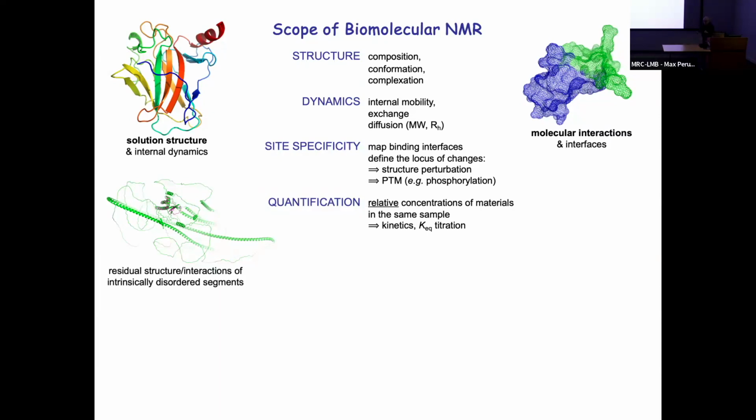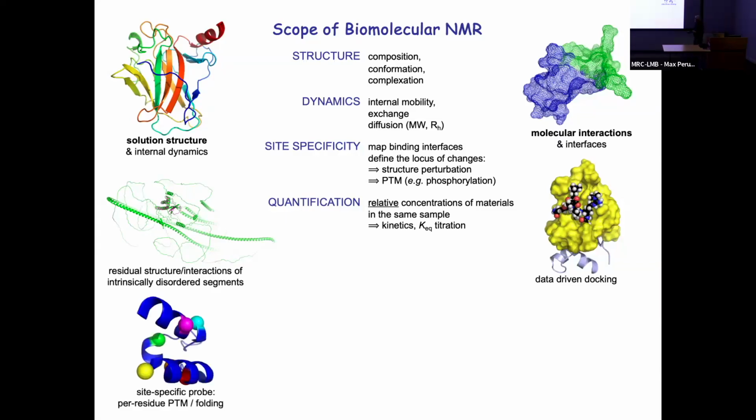Exactly where do you bind these two proteins? Where would you be looking to put a ligand, for example, to prevent the association of these two proteins if that's what you wanted to do? We can do modeling of complexes in high detail using NMR data-driven docking algorithms.